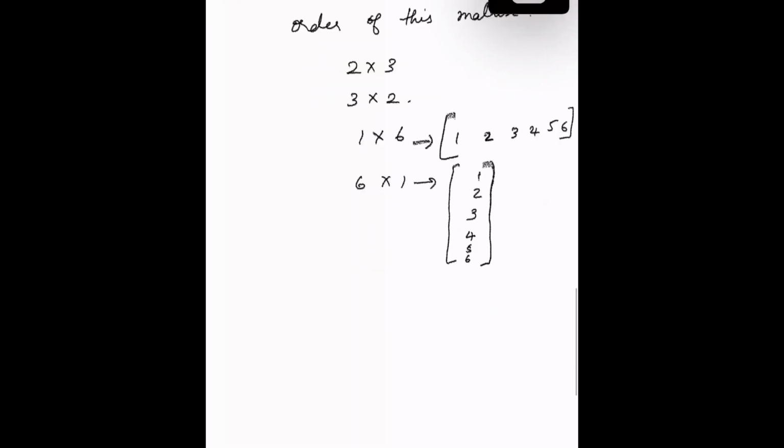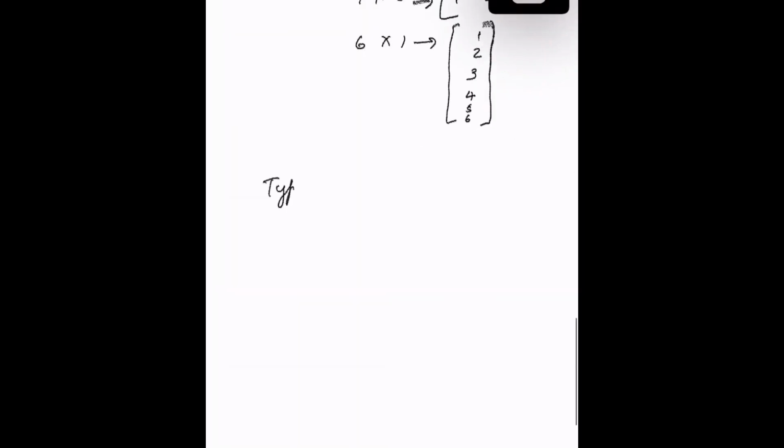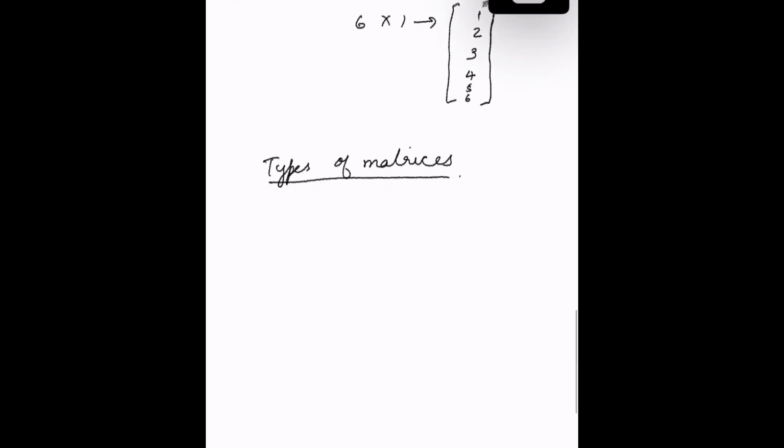Now, what are the different types of matrices? Always in MCQ, questions will come from this section. What is a row matrix? What is meant by a row matrix? A matrix having only one row is called a row matrix.